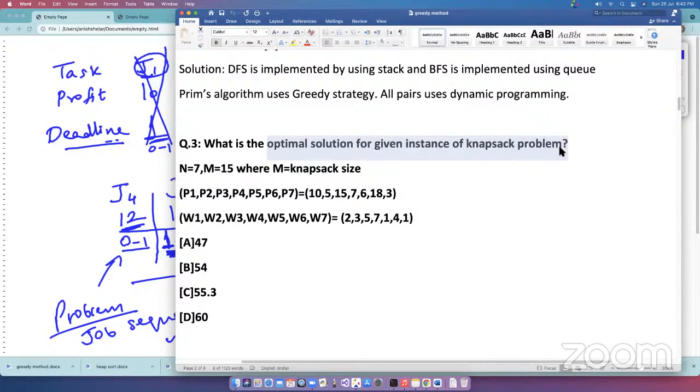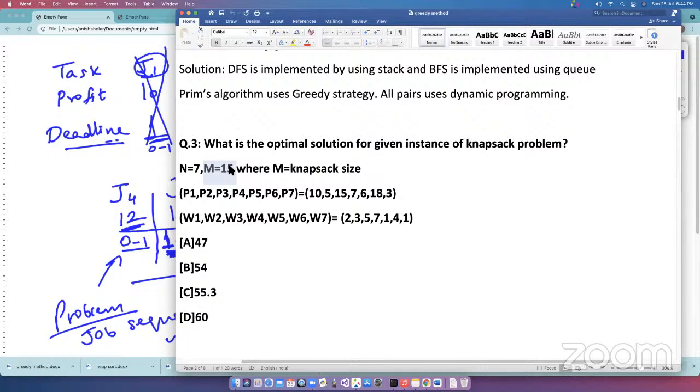So you have been given an empty knapsack. And on the table, there are n objects kept. Here n is 7. So 7 objects. And you have been told that the knapsack can carry the weight of 15. That means maybe you can put 15 kg, whatever. So this empty bag can be filled maximum with 15 kg.